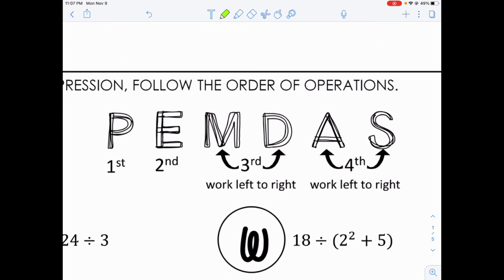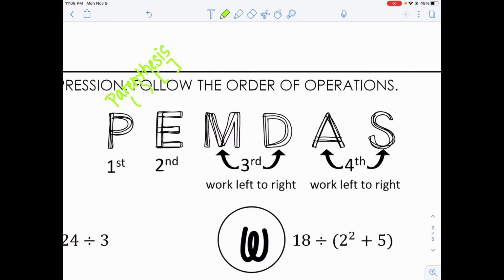Looking at PEMDAS, P is what we would do first. The P stands for parentheses. Now, that includes traditional parentheses as well as any other grouping symbol such as a bracket.